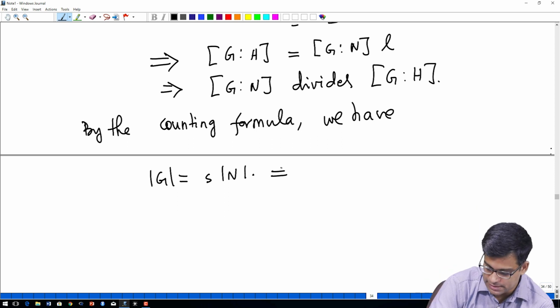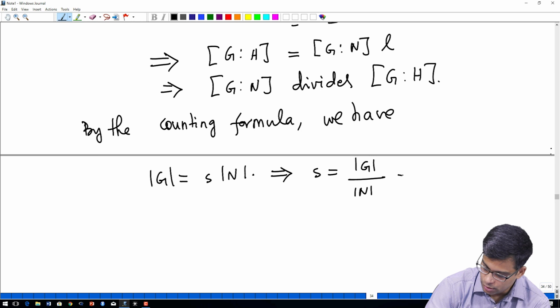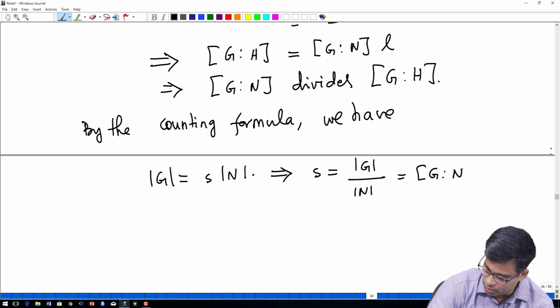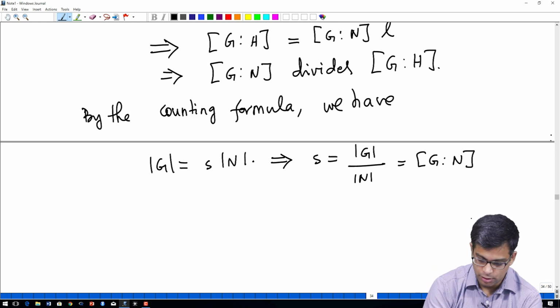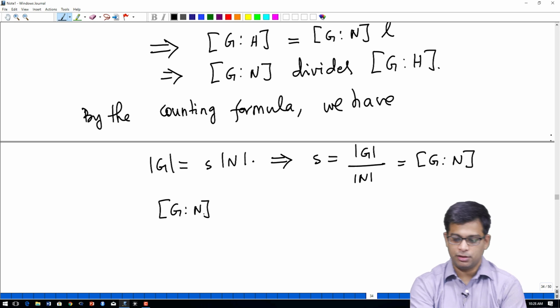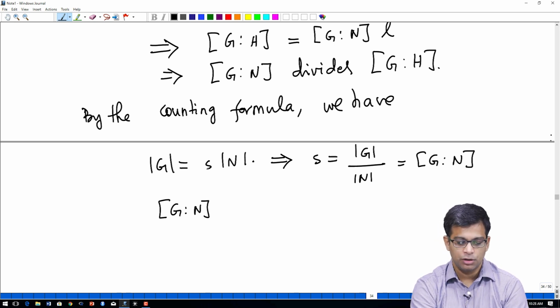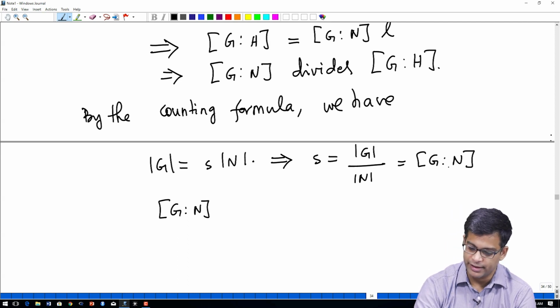So, this implies S is equal to the order of G divided by the order of N, which is the index of N. Is that clear? We proved earlier that the order of G is equal to small s times the order of N. So, small s is the order of G divided by the order of N, which is not by definition, but by the counting formula the index of N.